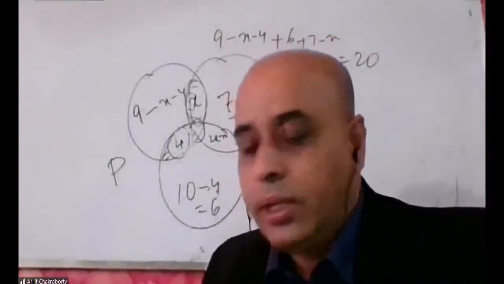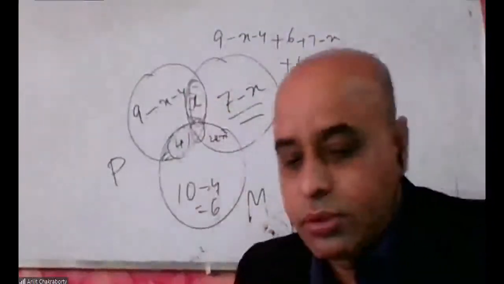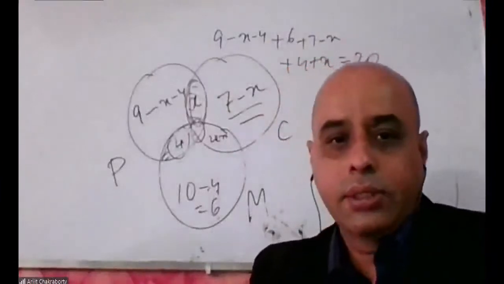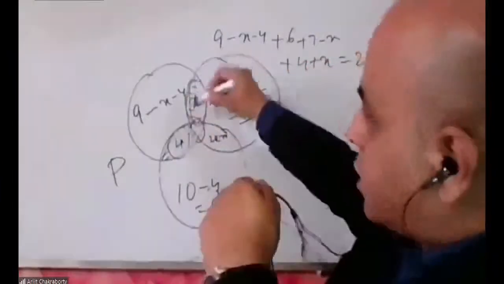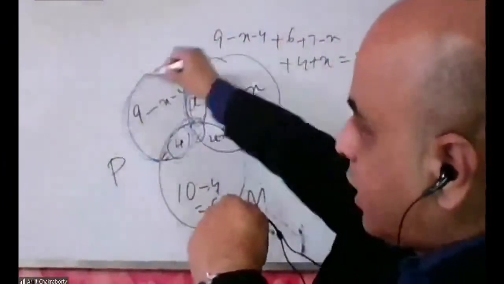So if you see, once we add up all this white portion, I will use the blue pen now. So 9 minus x minus 4 is this part, this white portion.